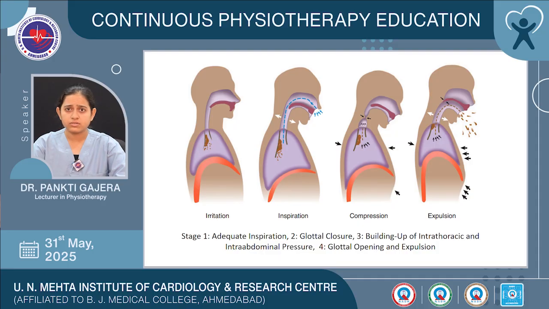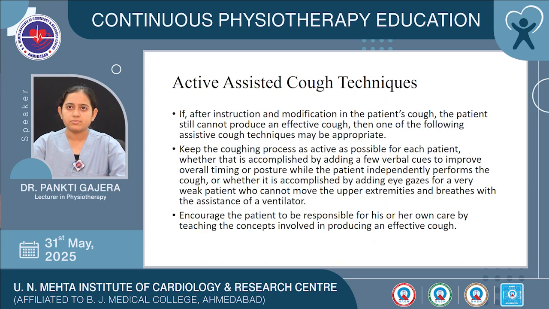After the glottis closes, there is a rise in intrathoracic and intra-abdominal pressure, which helps in proper forceful expulsion after the glottis opens, and the mucus plugs come out of the lungs.